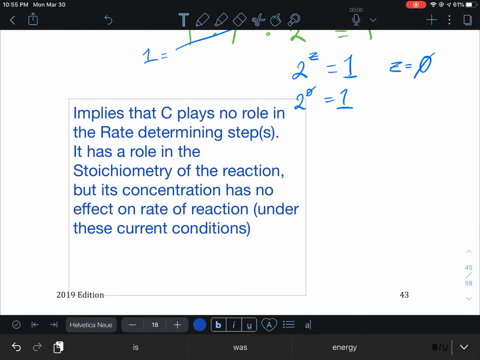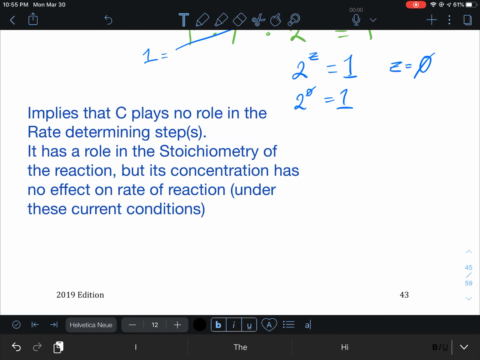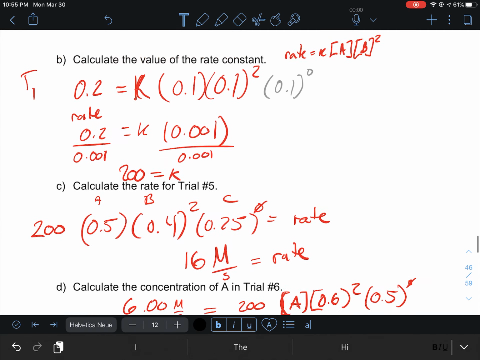Now you could change this if you played with this experiment a lot. You might be able to add a catalyst, and if you added a catalyst, it might interact with this reactant C, and then suddenly reactant C, which is necessary for completing the stoichiometry of the reaction, might become the most important step. Who knows?